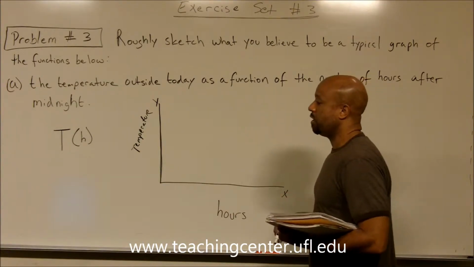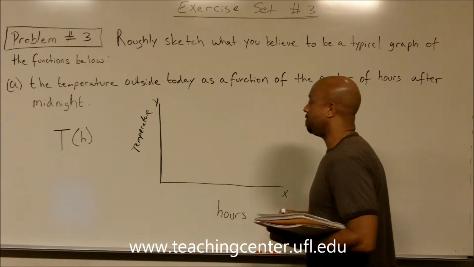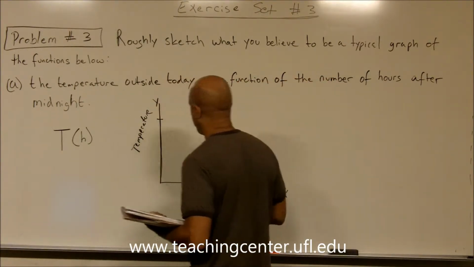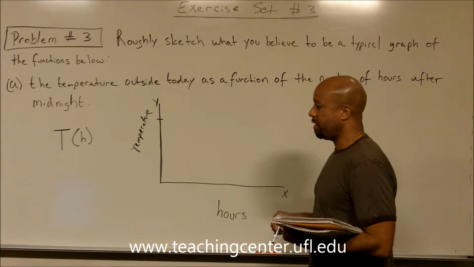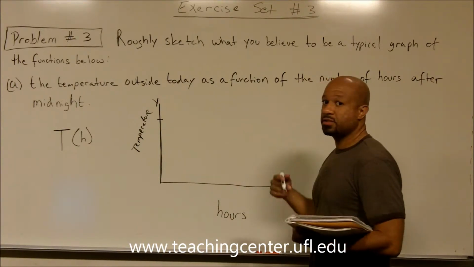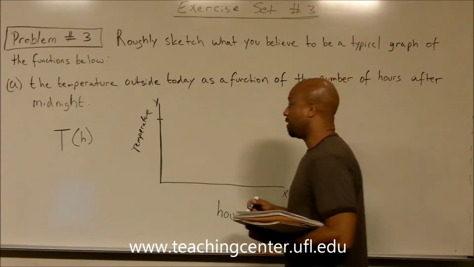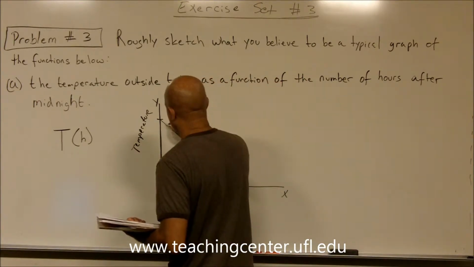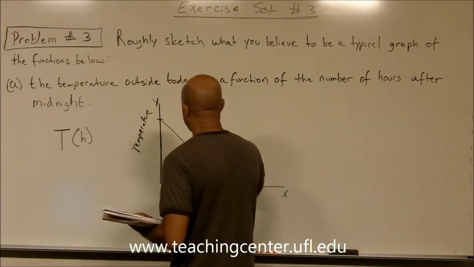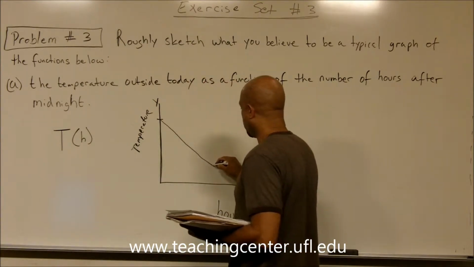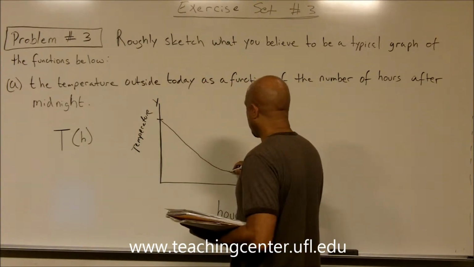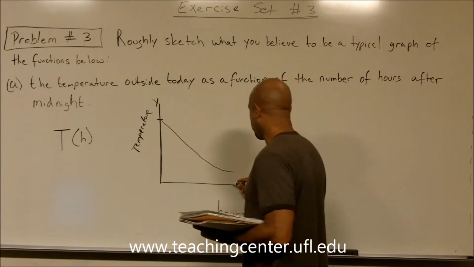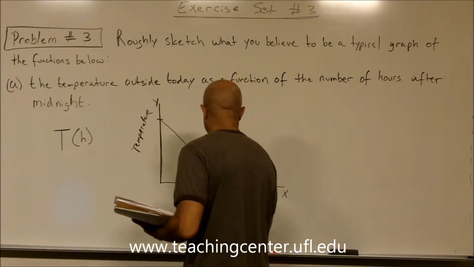We know that at midnight it's going to start at some temperature. Then as time goes on, the temperature is going to decrease, and it's going to continue to decrease until sunrise.